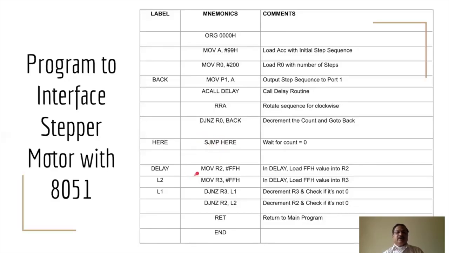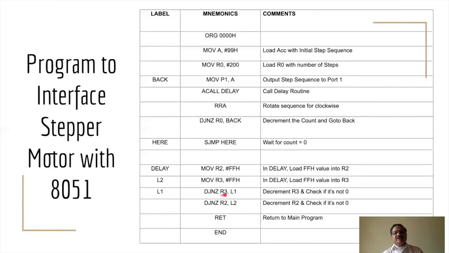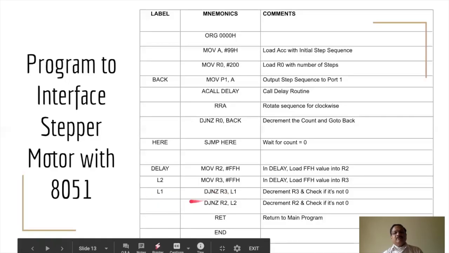Now in the delay routine, first load the R2 register with FF value, the maximum count. Then use the R3 register to load another FF count. Then DJNZ R3, L1. So till the count of the R3 register becomes 0, this loop will be executed.